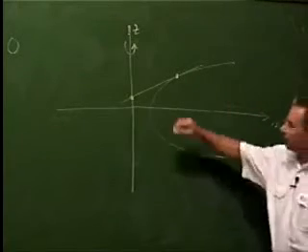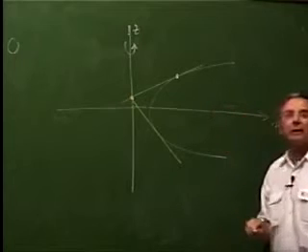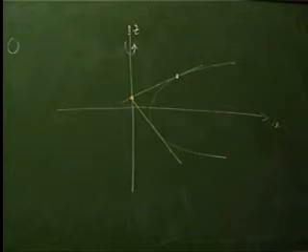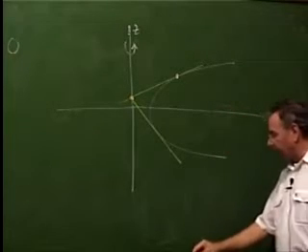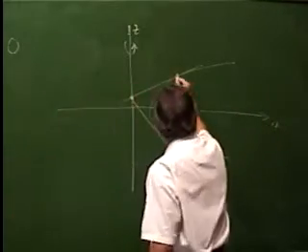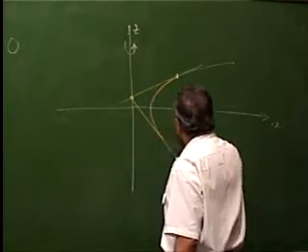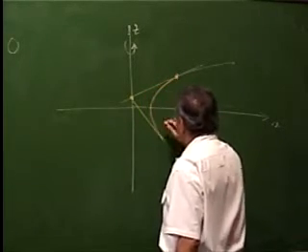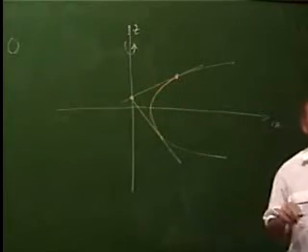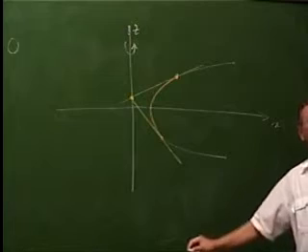And from this point, you take the second tangent to the catenary. So you have an arc here, a piece of catenary. And now you rotate this piece. And this is a maximal stable domain.